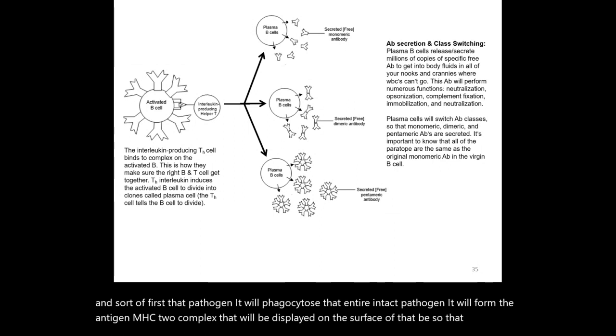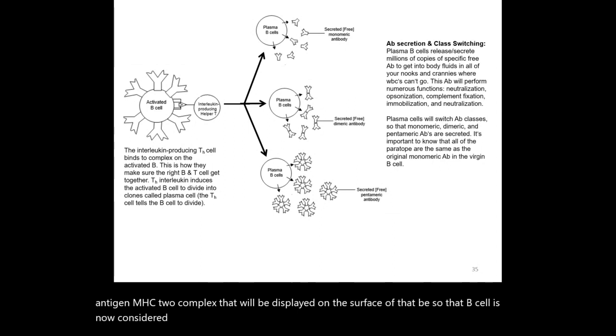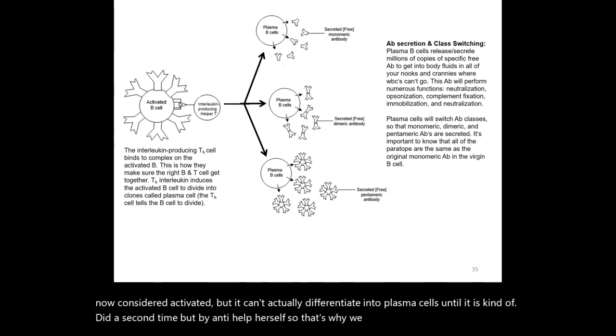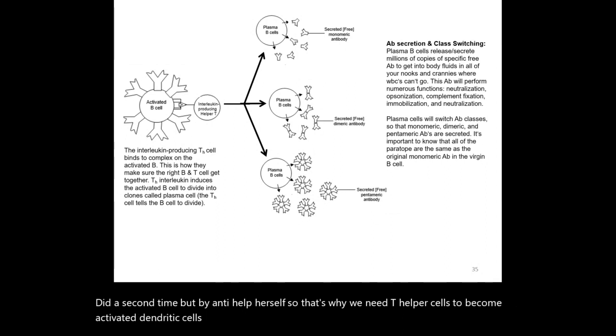That B cell is now considered activated, but it can't actually differentiate into plasma cells until it is activated a second time, by a T helper cell. So that's why we need T helper cells to become activated. Well, dendritic cells play a role in that.